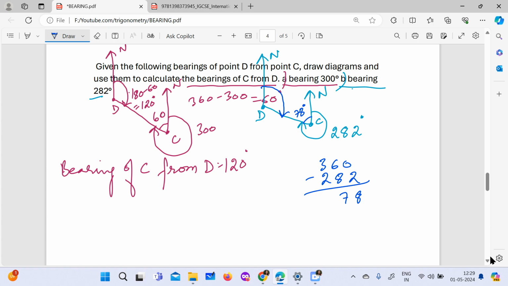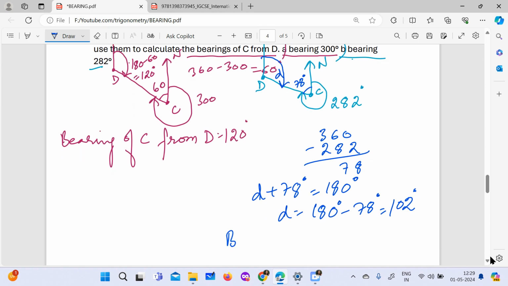So if I mark this as D, then D plus 78 is equal to 180 degrees, and hence D is equal to 180 degrees minus 78 degrees, and that will give you 102 degrees. So you can say the bearing of C from D is 102. Okay, I hope this is clear to everyone.